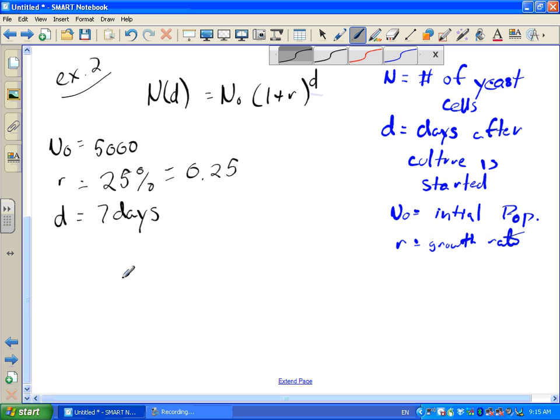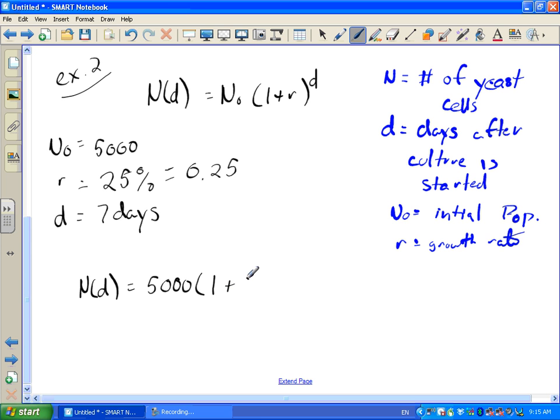So in other words, we're looking for our N at D. So N at D is equal to the initial value of 5,000 multiplied by 1 plus 0.25 to the power of 7. I'm going to slowly go through this. 5,000, 1 plus 0.25 is 1.25 to the power of 7. You simply just follow BEDMAS to solve this.